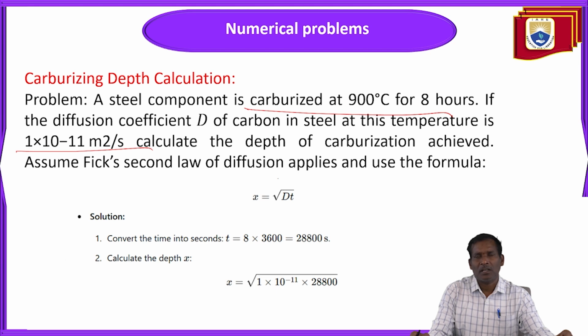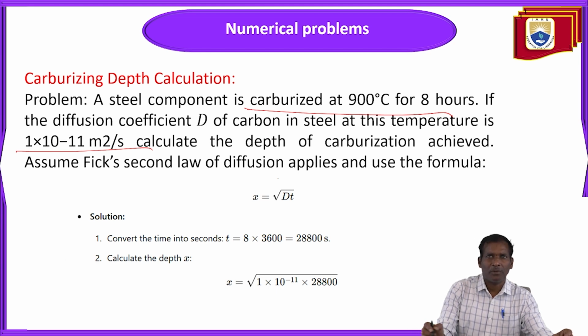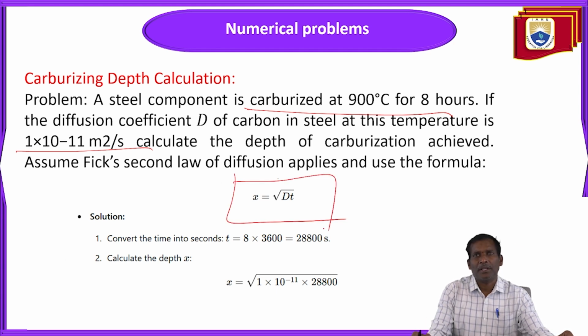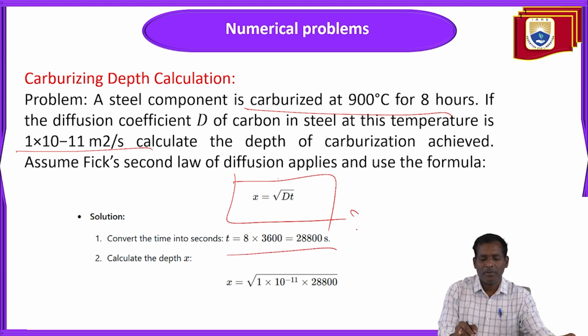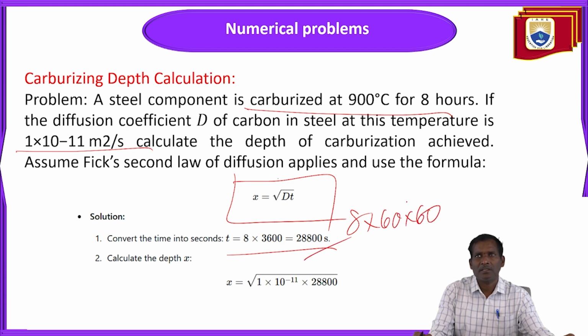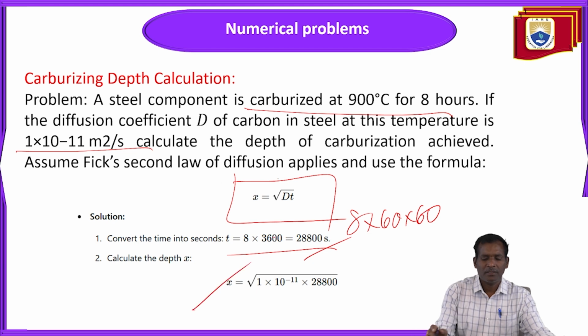Here, for the carburizing depth calculation, Fick's second law of diffusion formula is x is equal to square root of Dt. Convert the time into seconds first. 8 hours multiplied by 60 multiplied by 60 gives the time in seconds. Then calculate the depth: x is the square root of D into t.